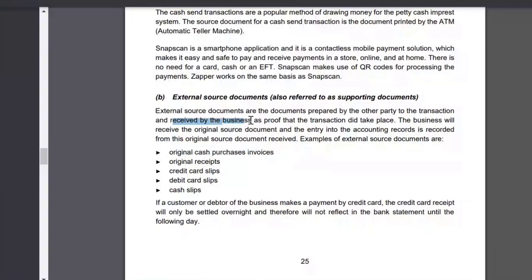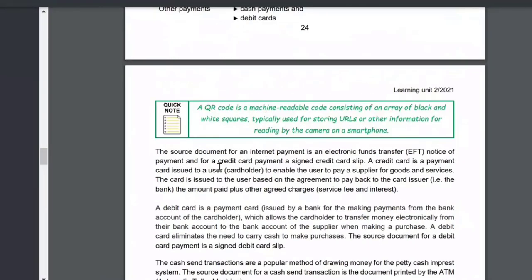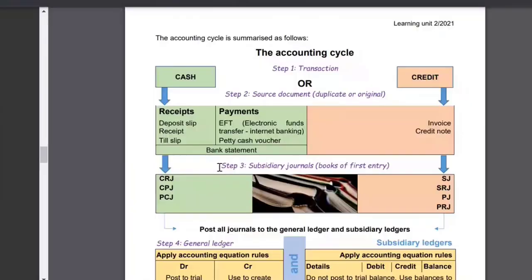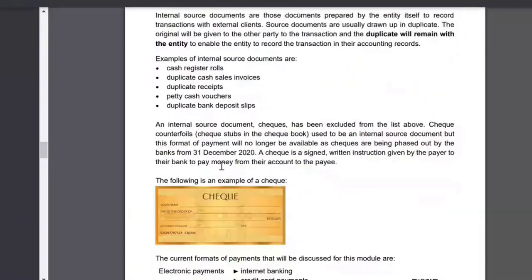The business will receive original source documents and the entry into the accounting records is recorded from the original source documents. Examples would be original tax invoices, original cash purchase invoices, original receipts, credit card slips, debit card slips, and cash slips. So these are the differences between your internal and your external source documents.